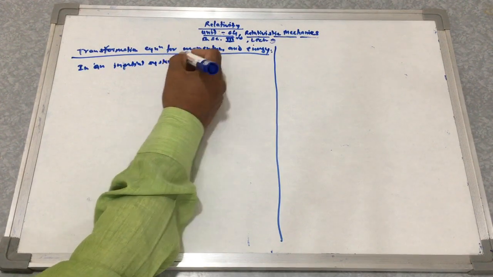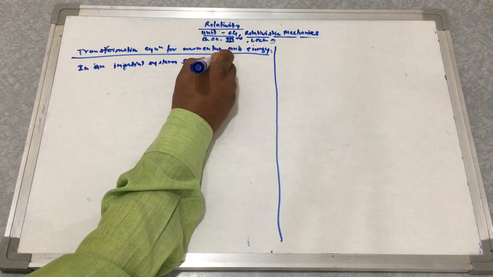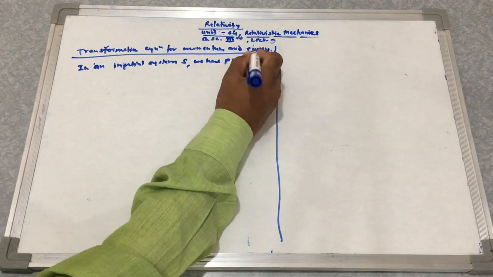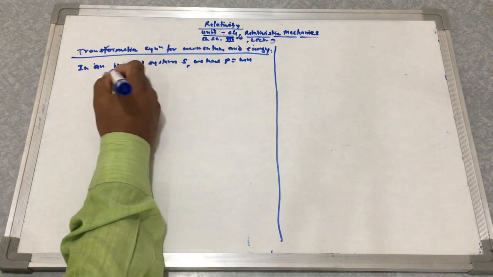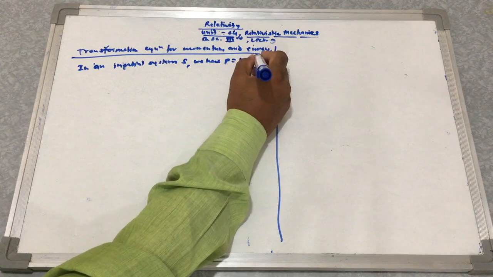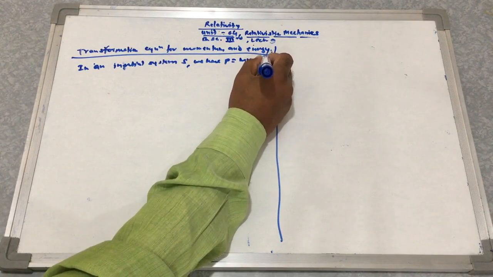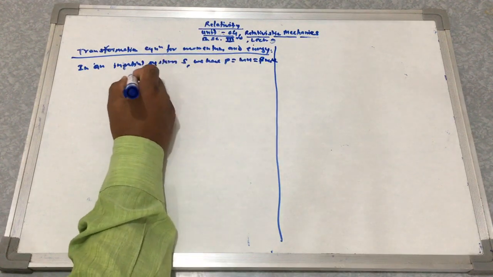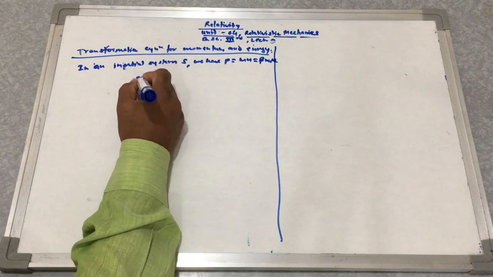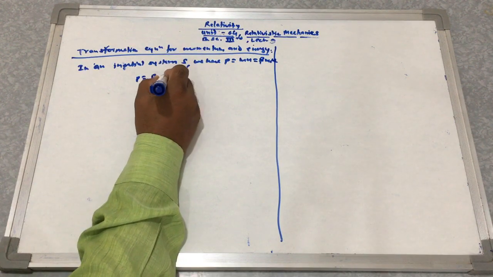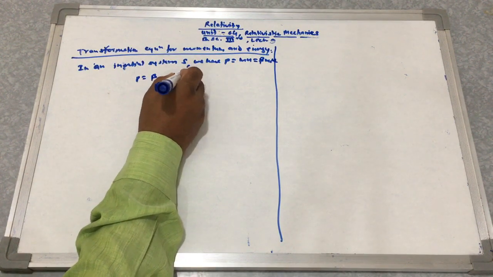So we have P is equal to mu, and mu is equal to beta m0 u, that is P is equal to beta m0 u.